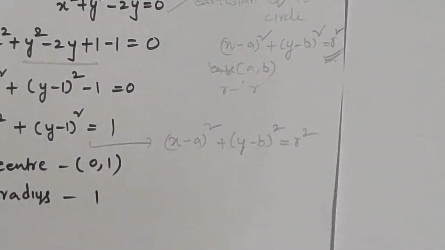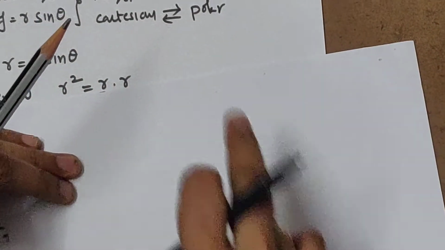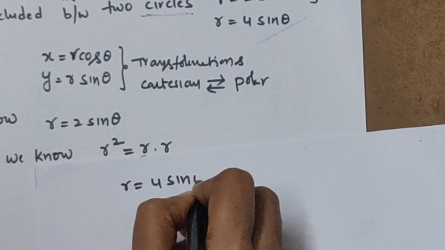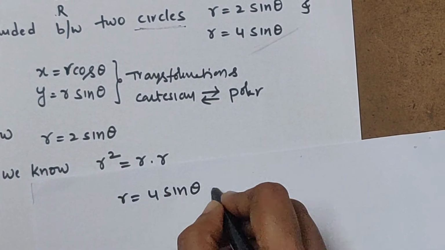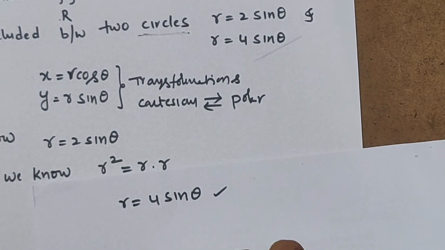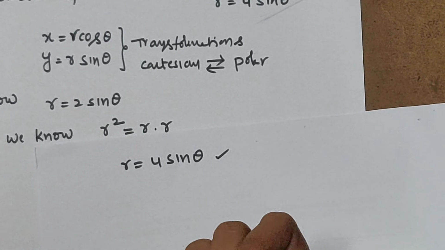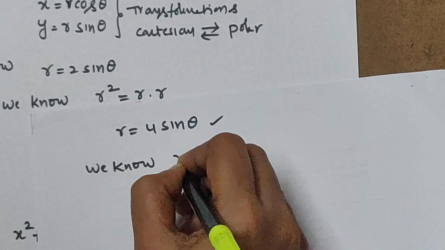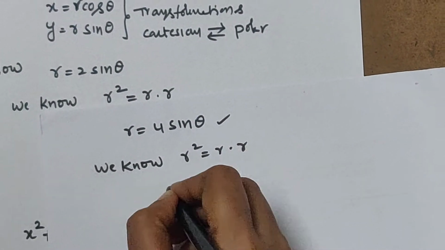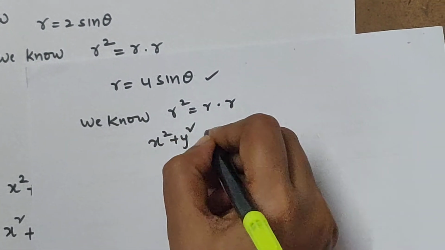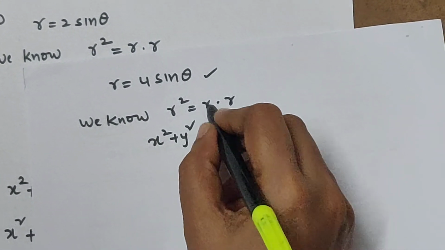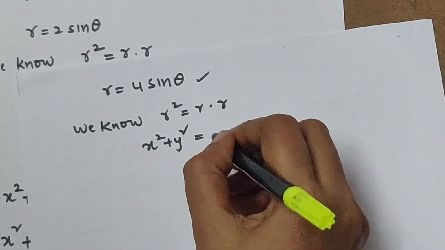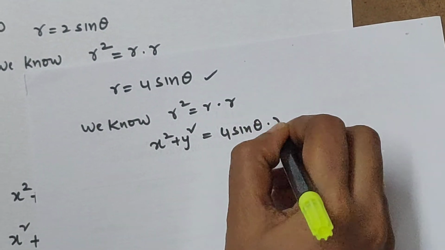Similarly, convert the other circle, r equal to 4 sin theta, into Cartesian form so that we are able to say the center and radius. Again the same process. We know r square equal to r into r, and r square means x square plus y square. In place of r, 4 sin theta into r.